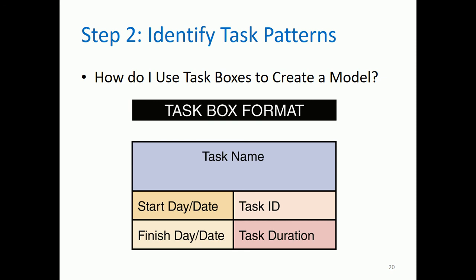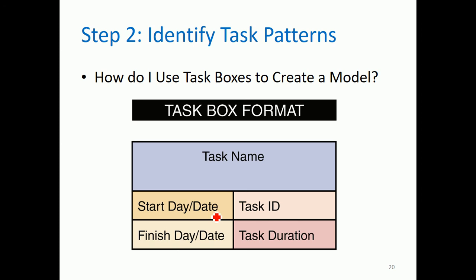So how do I use task boxes to create a model? Okay, this is the task box format. So you're going to put the task name, the one that you have listed in the list of tasks. And then we have the start day or the date. So for our example, we're going to use day, not date.